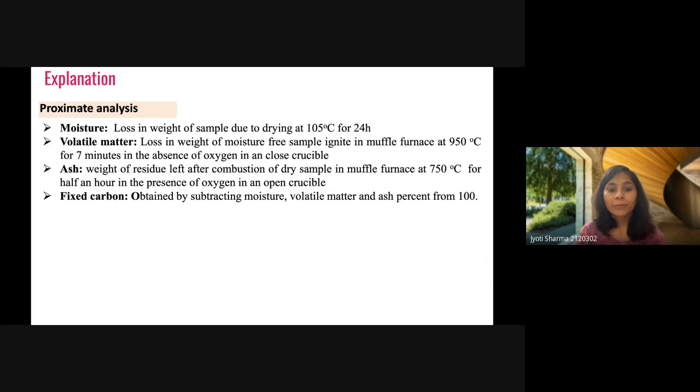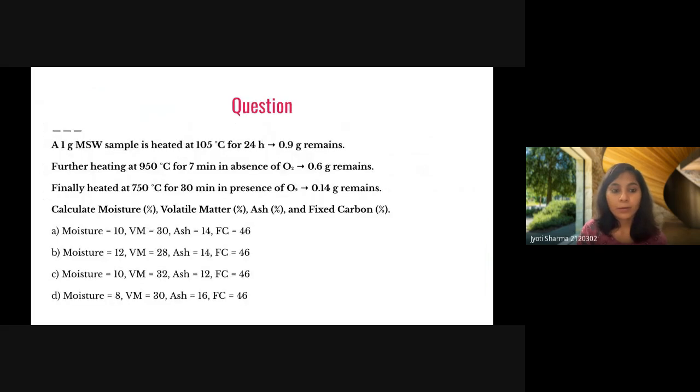Volatile matter is determined by igniting at 900 degrees Celsius. Ash is whatever remains after the volatile matter has gone, and some of the matter undergoes combustion. Then fixed carbon you can calculate as 100 minus moisture, volatile matter, and ash.